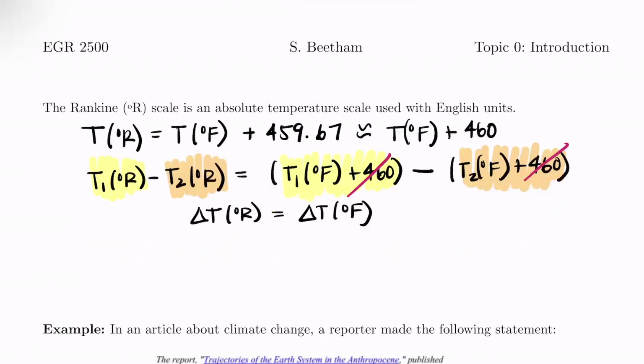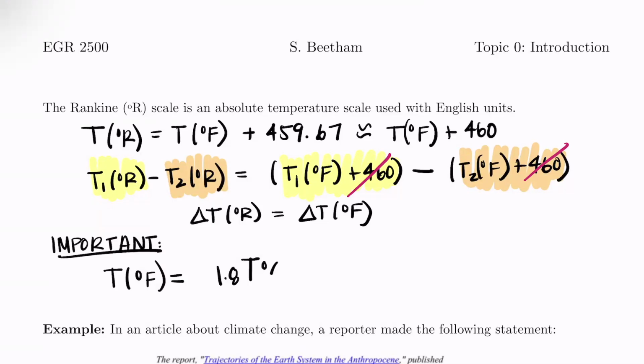All right. A very important conversion is the following. If we have temperature in Celsius and we want to convert it to Fahrenheit, we take 1.8 times the temperature in degrees C and then add 32. Okay.